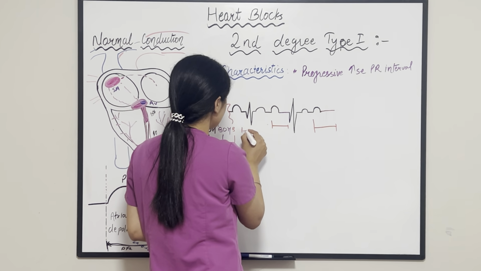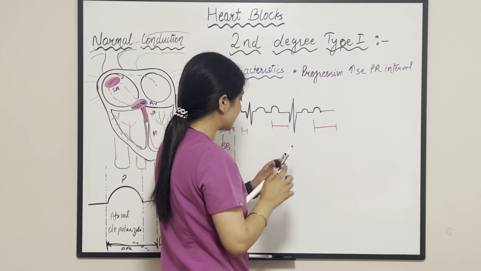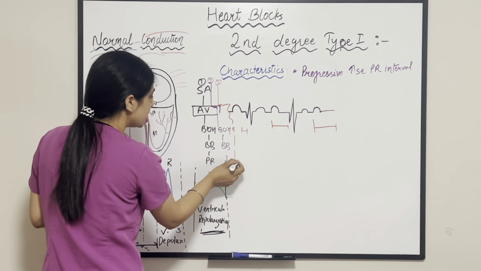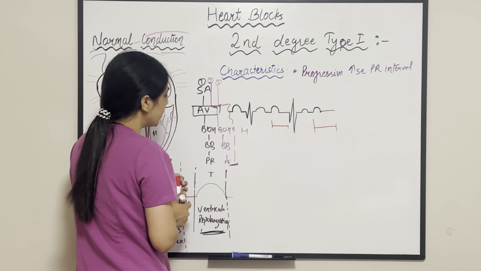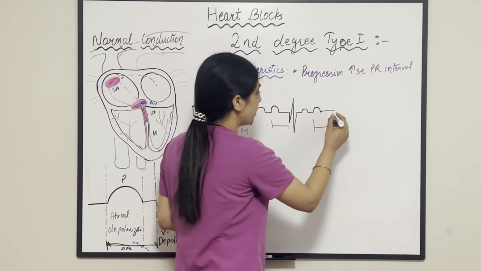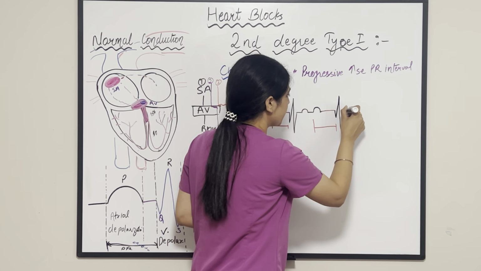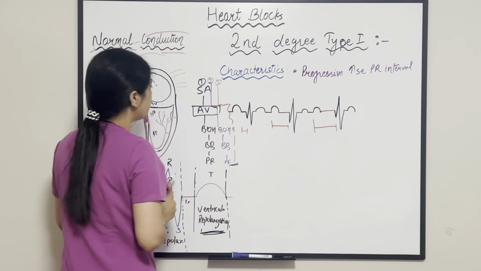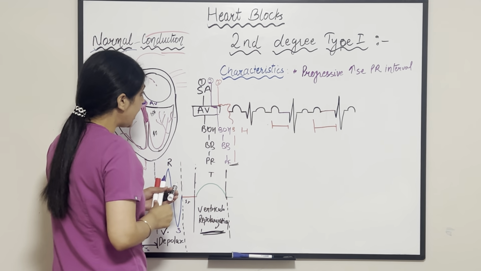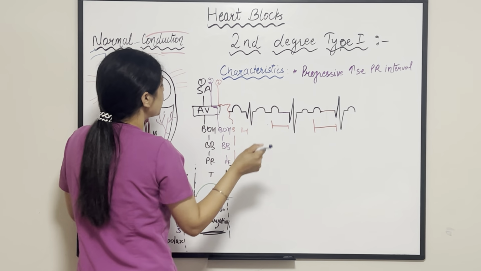This is normal, this is prolonged, this is longer. But because the impulse reaches the ventricle, the QRS complex is normal. But what happened with the fourth impulse?